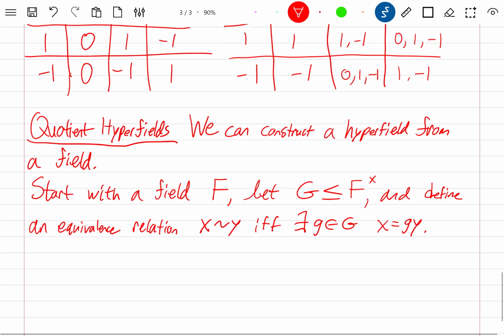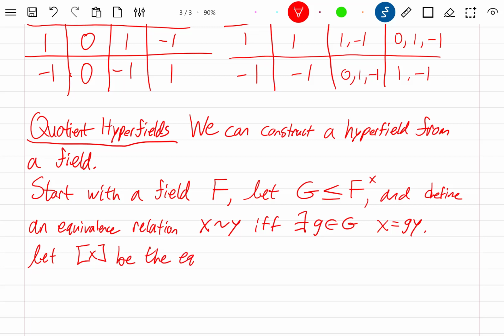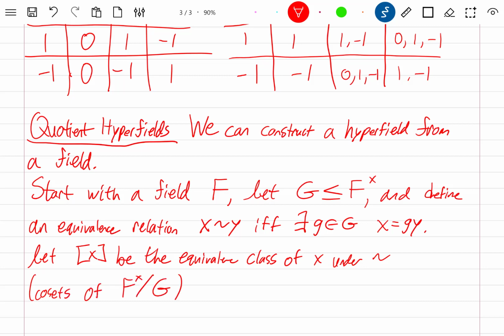And what we will do is let x in brackets be the equivalence class of little x under our equivalence. These are just the cosets of F star mod G, because these are groups and G is a subgroup, so it makes sense.